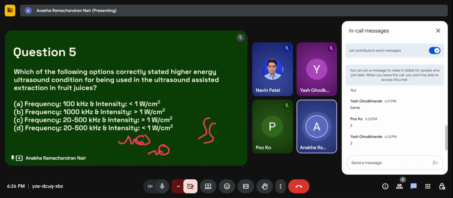So in this case, which of the following options is the correct energy condition that is required? And there are four options: 100 kilohertz, 1000 kilohertz, 20 to 500 kilohertz, 20 to 500 kilohertz, and less or more than 1 W per centimeter square.